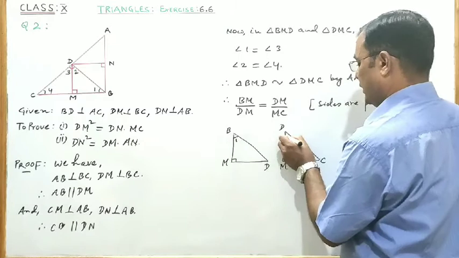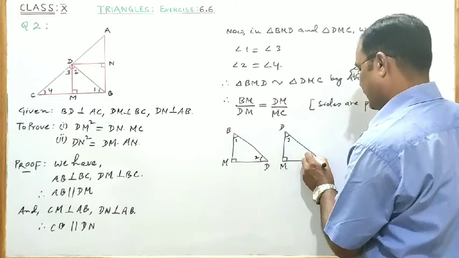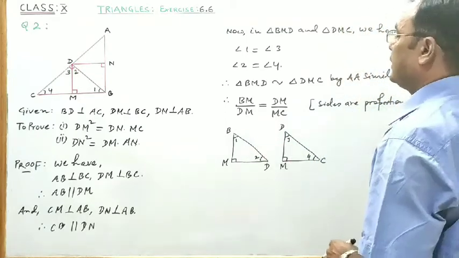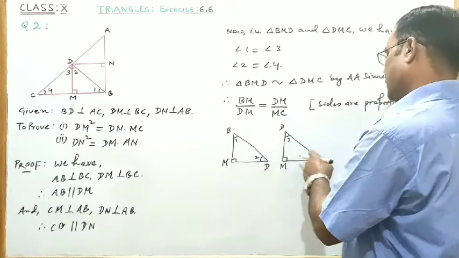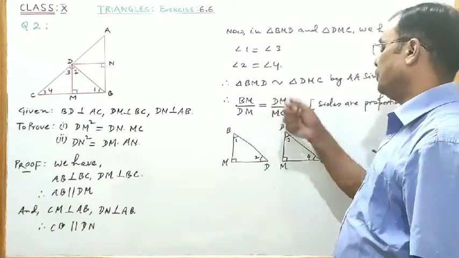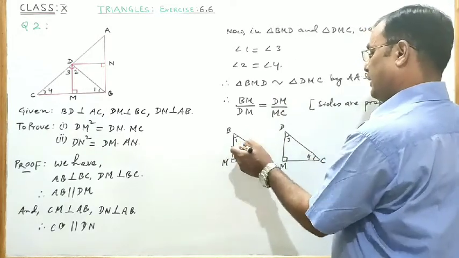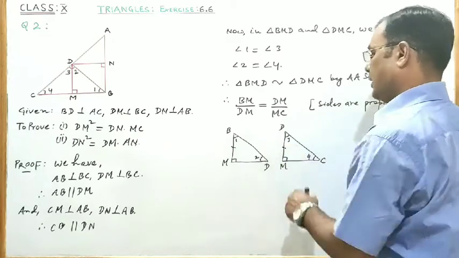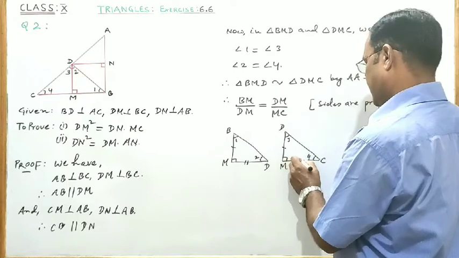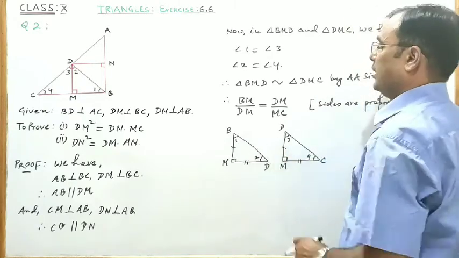This angle 1, this angle 3, this angle is 2, this angle is 4. And these two triangles are similar. Triangle BMD similar to triangle DMC by angle similarity, we have proved it. So, now you can see BM and DM are corresponding sides, DM and MC are corresponding sides in these two triangles.